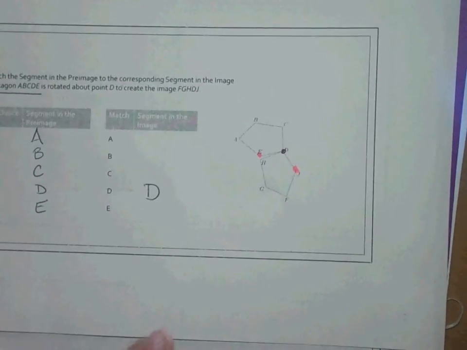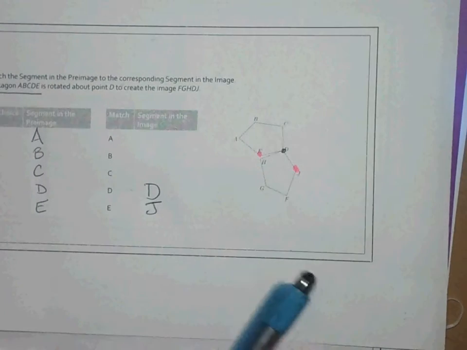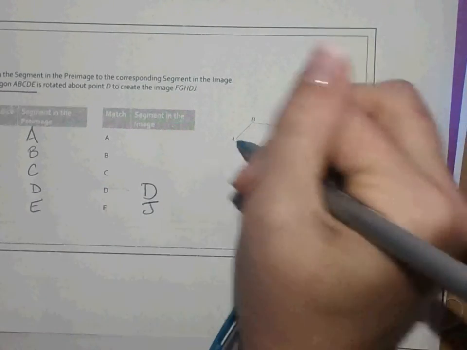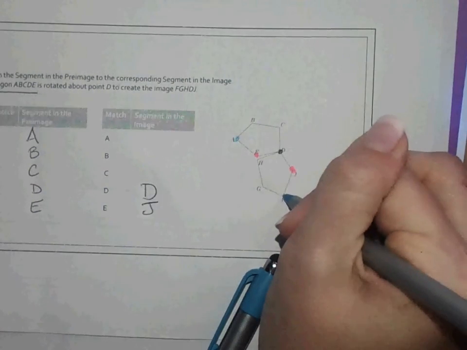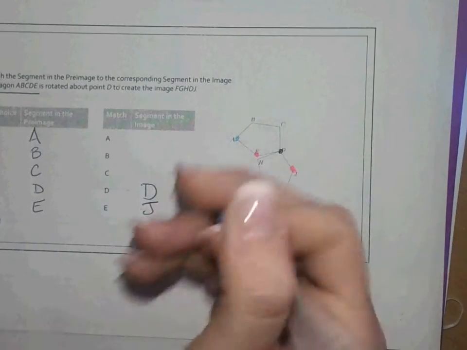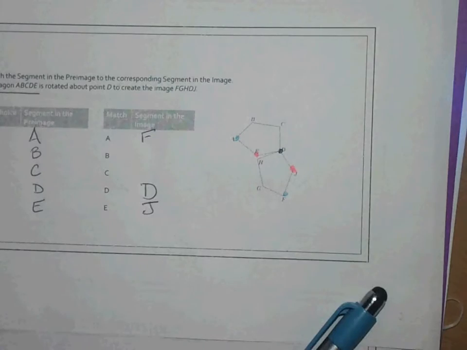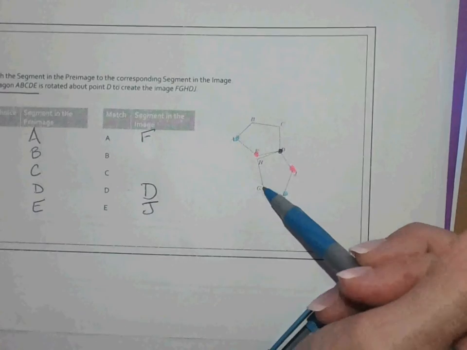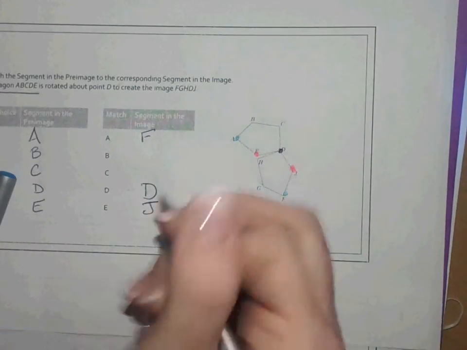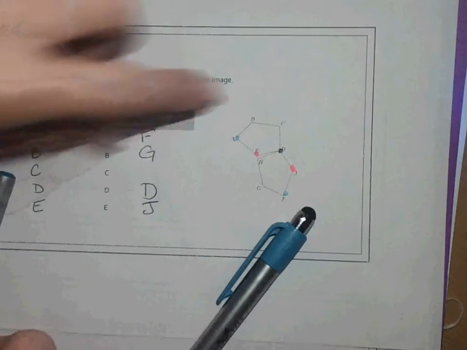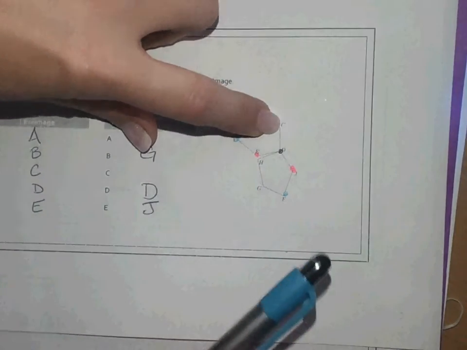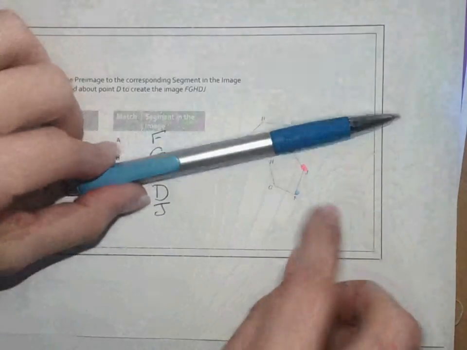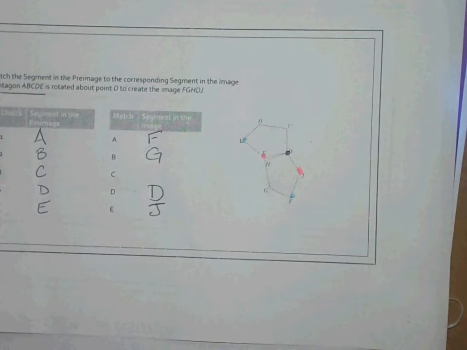So that's J. Okay, then I've got point A, and that matches up with point F. Okay, point B, when I turn, it is point G. And then last but not least, you've got C here. When it turns, it was a straight line. When it turns, it comes right here and is point H.